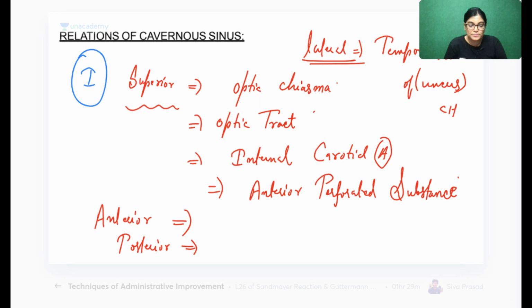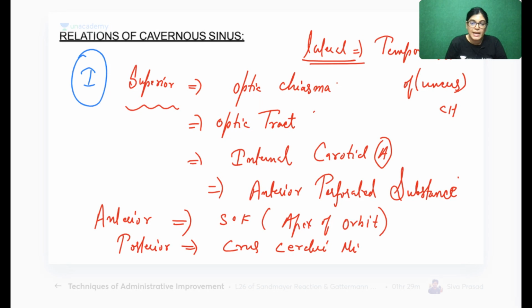Anterior extent is superior orbital fissure close to the apex of the orbit. What is the posterior extent? Crus cerebri of the midbrain. Posterior extent is crus cerebri of the midbrain. Got it? And also it is related to the apex of petrous temporal bone.